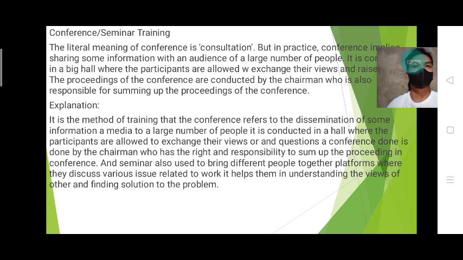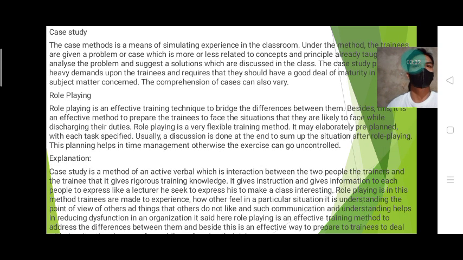A conference is run by the chairman, who has the responsibility to sum up the proceedings. A seminar is also used to bring different people together, a platform where they discuss various issues related to work. It helps them in understanding the views of others and finding solutions to the problem.